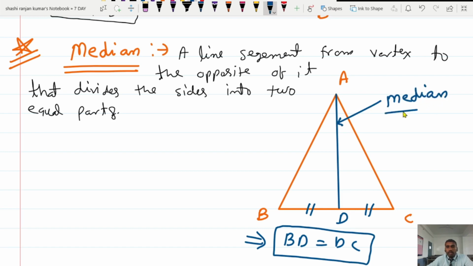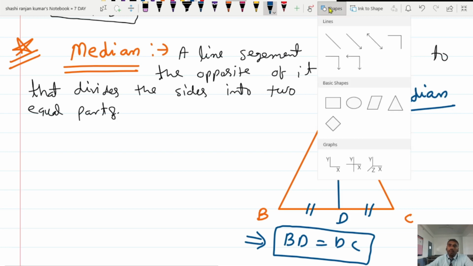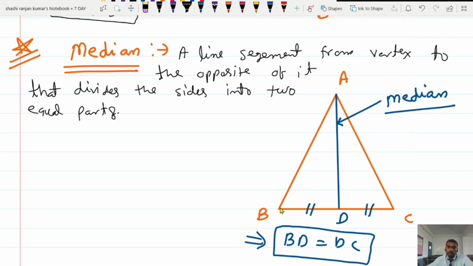You can see in a triangle a total of 3 medians are possible. We can also draw a median from this point B. Let us suppose this is the point E, such that it also divides the side into two equal parts, that is, these two sides are of the same length. If this is the median, AE must be equal to EC.